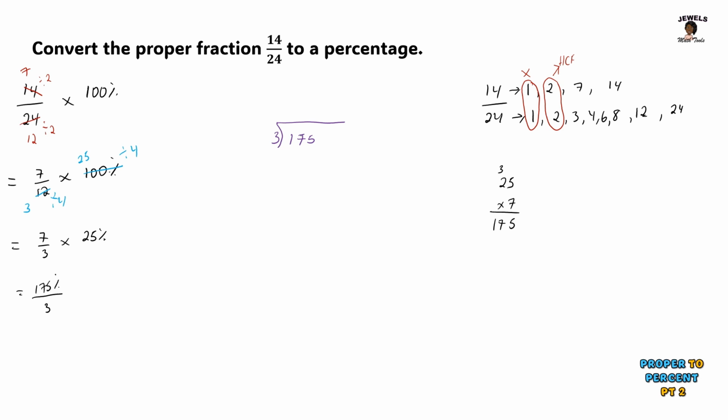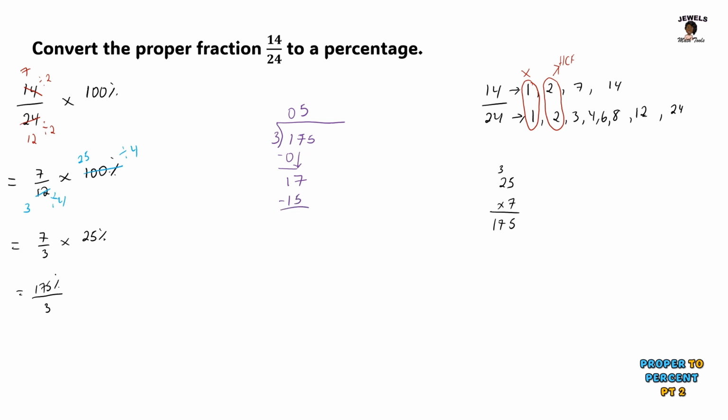So 3 can't divide into 1 since 1 is less than 3. So 0 times 3 is equal to 0. 1 minus 0 is equal to 1. We're going to bring down that 7, changing 1 into 17. Let me clean that up. So 3 divides into 17 5 times. 5 times 3 is 15.